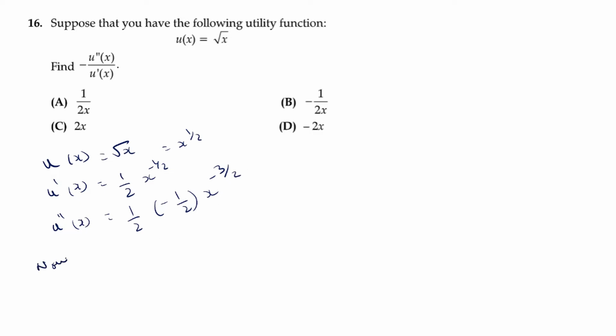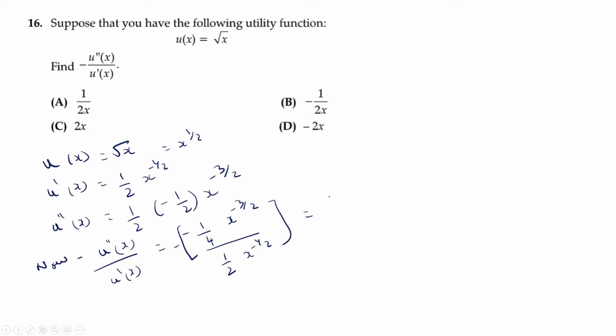Now negative u double dash of x upon u dash of x. This is equal to minus of minus 1 by 4 into x raised to minus 3 by 2 upon half into x raised to minus half.